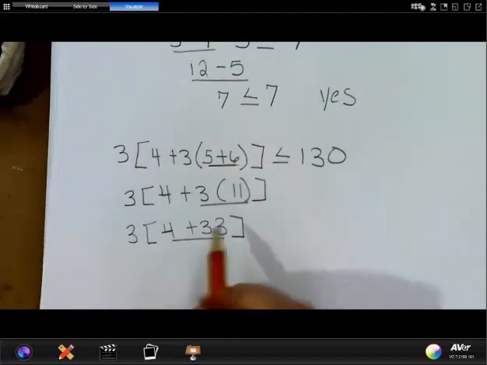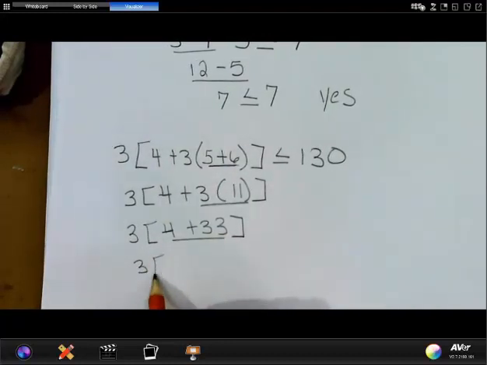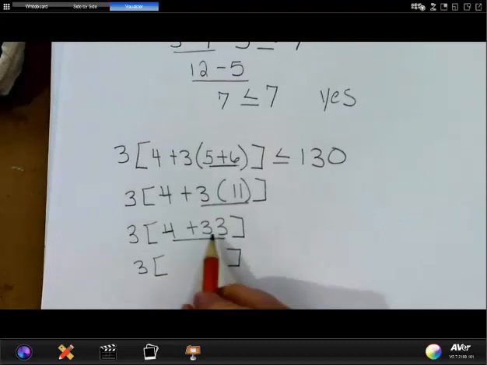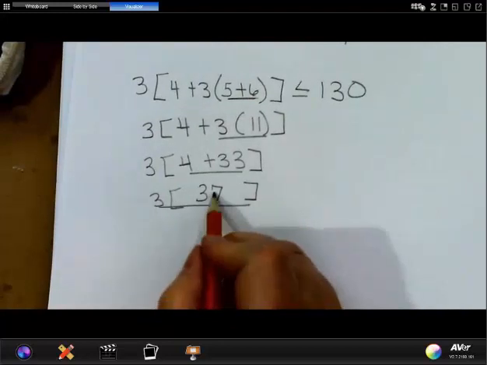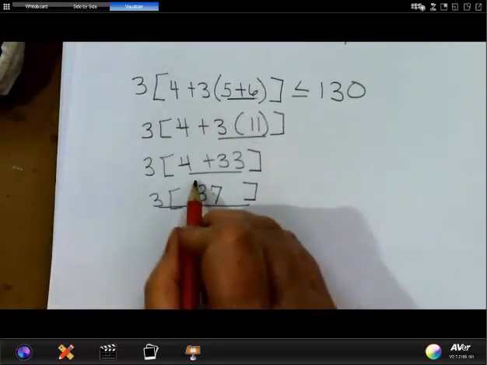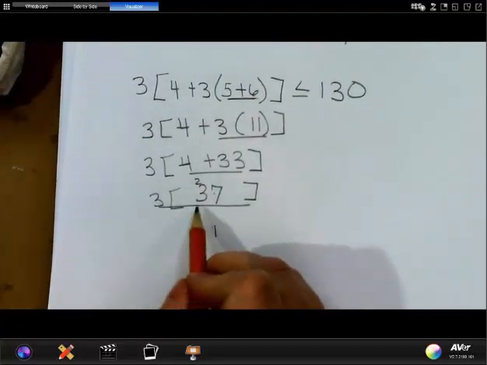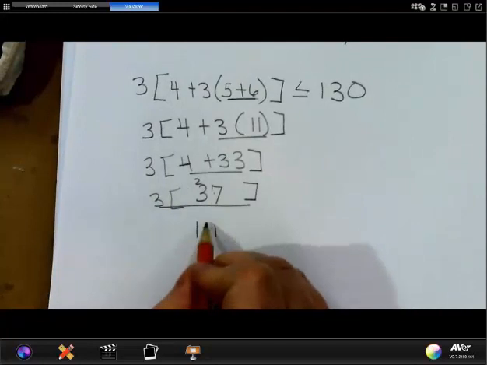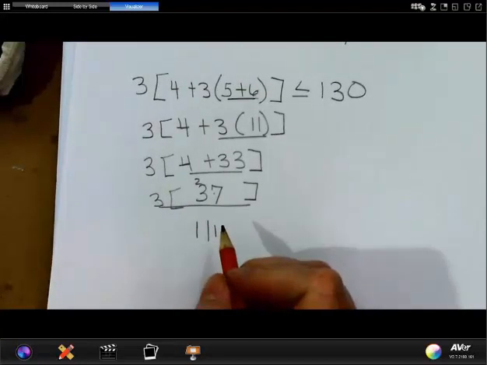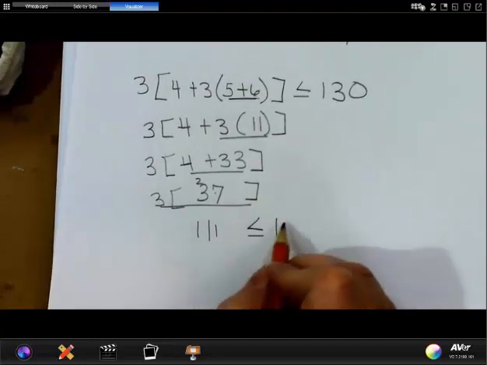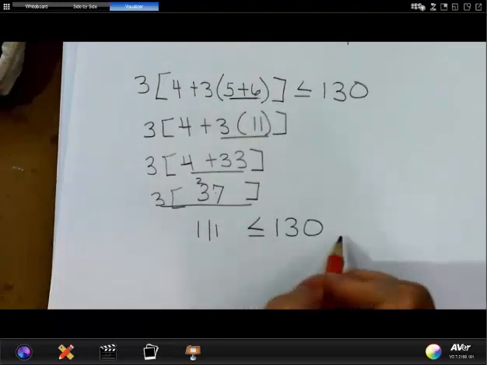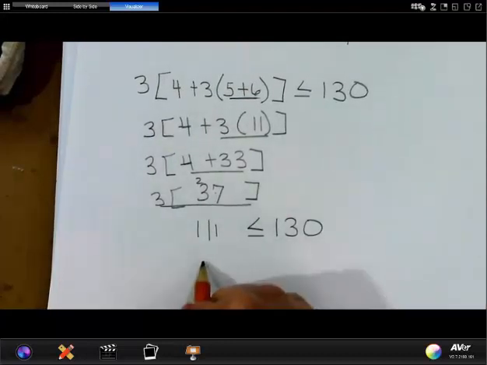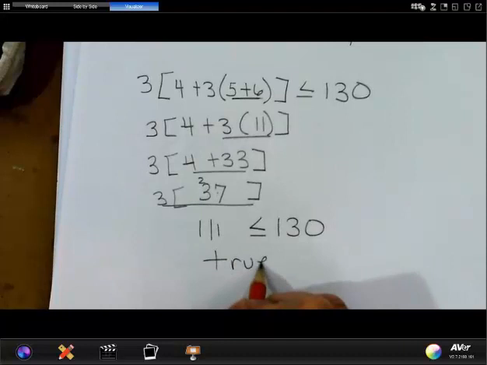Now we add. Because it's still in parentheses. And now we multiply. 7 times 3 is 21. Is 111 less than or equal to 130? That is a true statement.